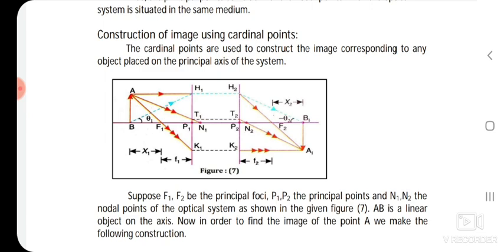In that case, H2 P2 is equal to H1 P1. So a second ray A F1 K1 is drawn, passing through the first principal focus F1 and touching the first principal plane at K1.